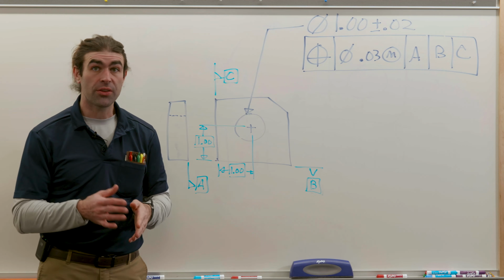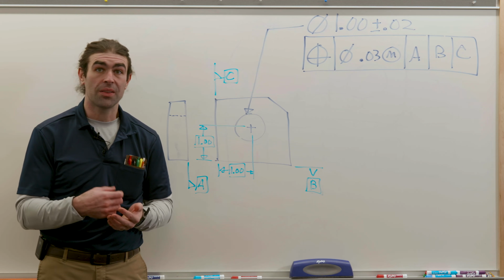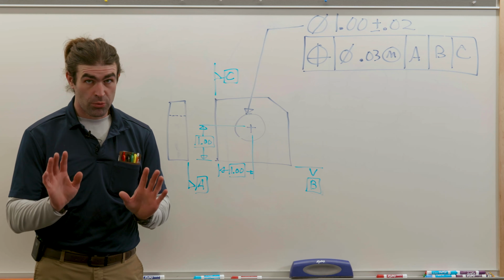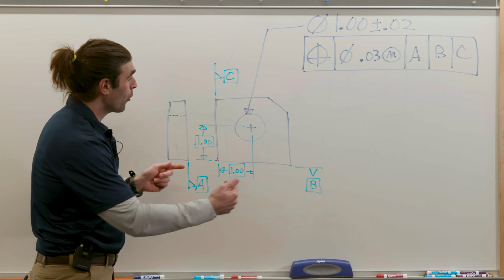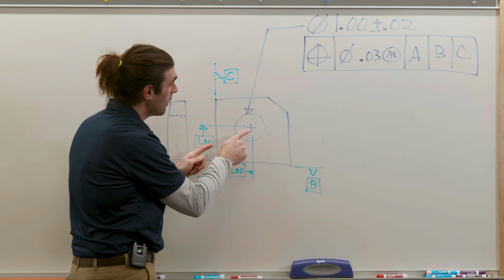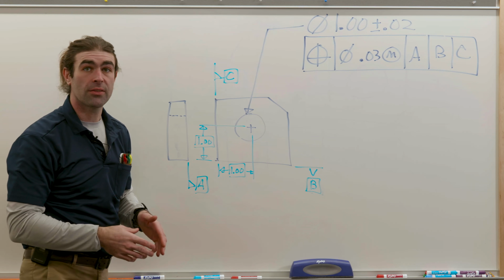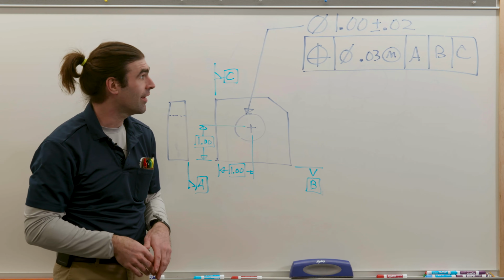Now, position is almost always applied with a directly toleranced dimension that applies to a feature of size. A feature of size, real quick, is something you can measure with opposing points. So this width of the block we can measure with opposing points. This hole we can measure with opposing points. Okay, so quick definition of feature of size.